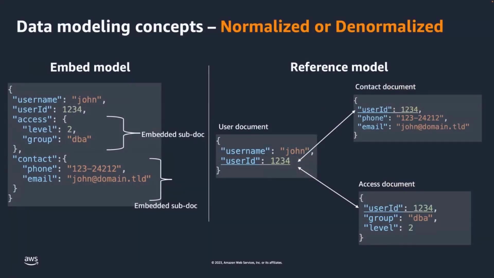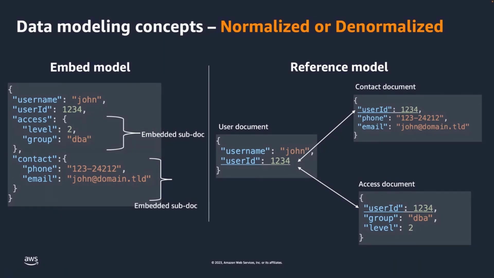So obviously, the next concept we need to understand is the normalized or denormalized schema modeling. And you probably heard of this before, but for document databases, we call this the embedded or the reference model. So what exactly does this mean? Well, the embedded means you store the data into arrays and objects or subdocuments within the same parent document.